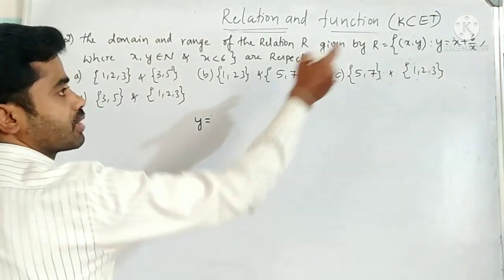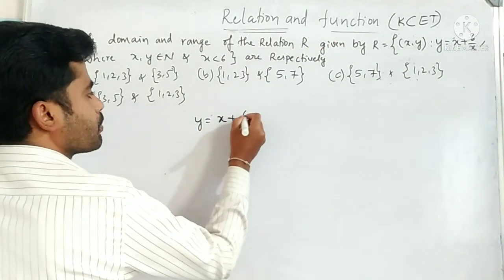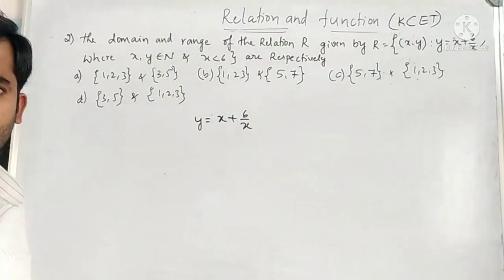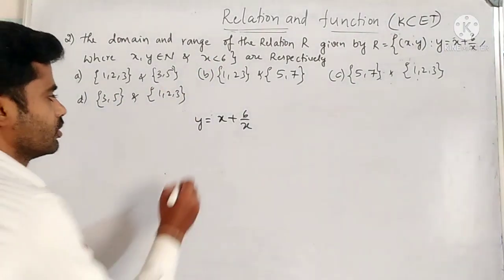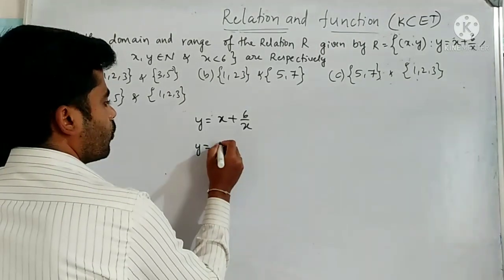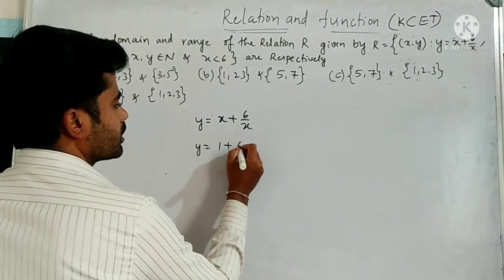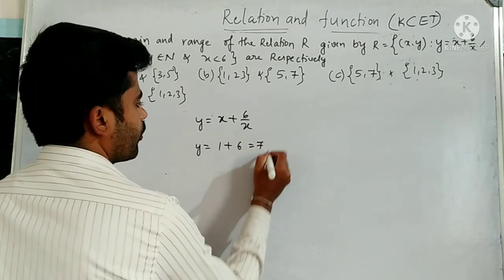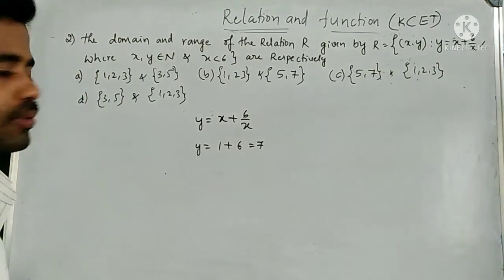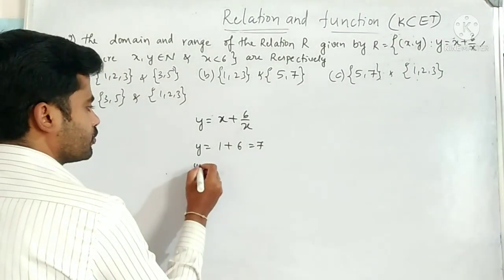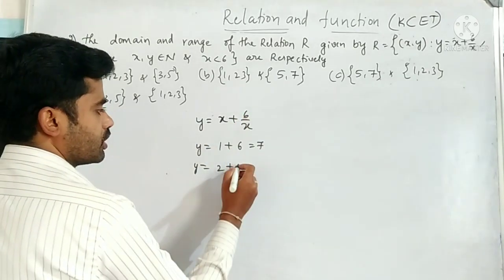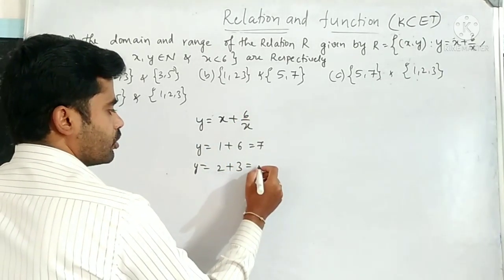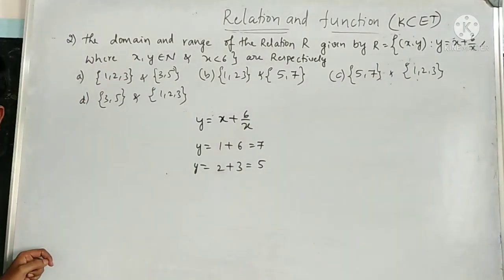First I will write the relation, y equals x plus 6 by x. Now I take x less than 6. First I take 1: 1 plus 6 by 1 is 7. Okay, it is a natural number. Next, I take 2: 2 plus 6 by 2, that is 2 plus 3, it is 5. It is also a natural number.